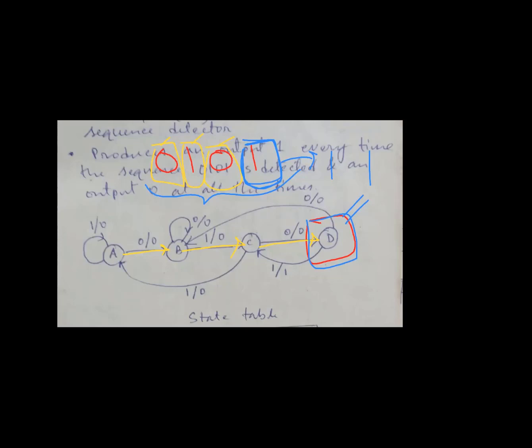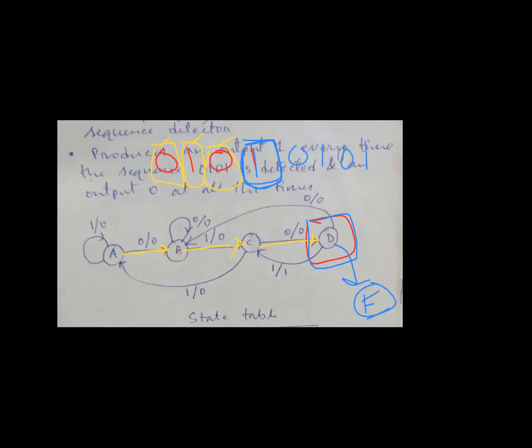No. Your diagram should be optimized. Why? Because after this, again this will be a scenario where you may get a 0, you may get a 1, you may get a 0, you may get a 1.